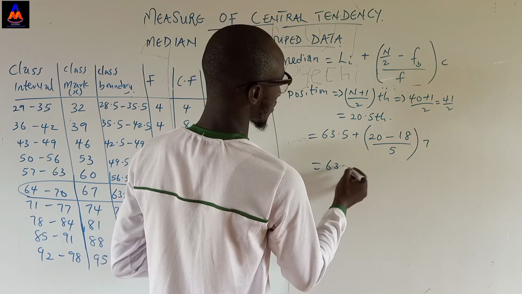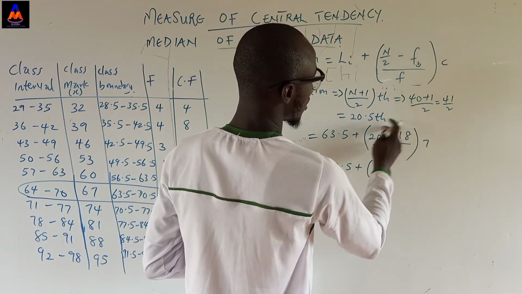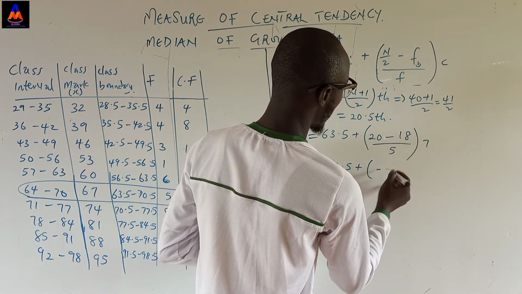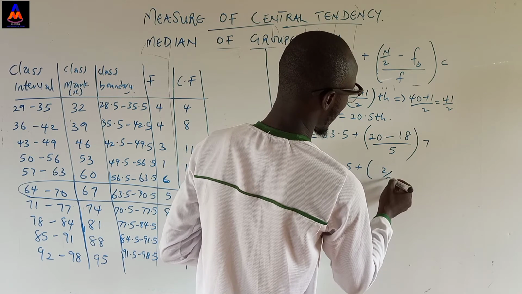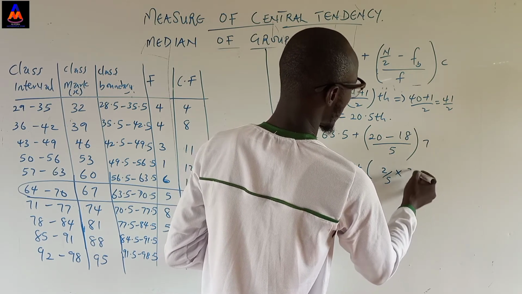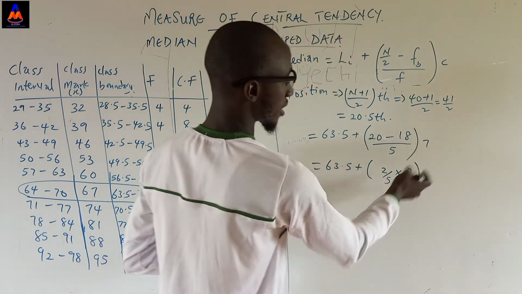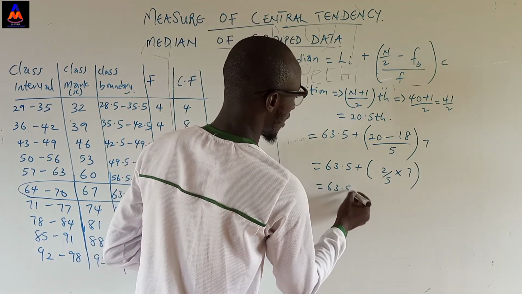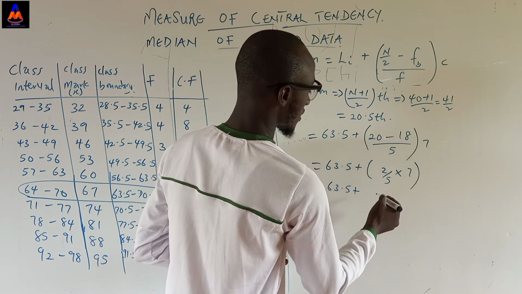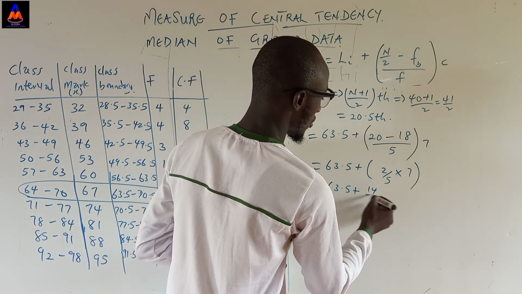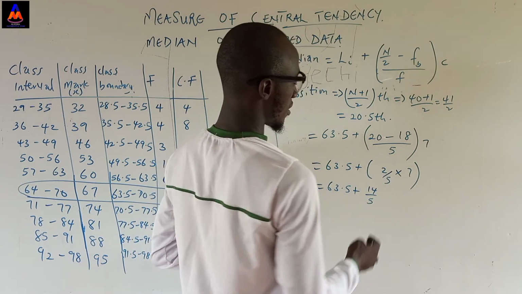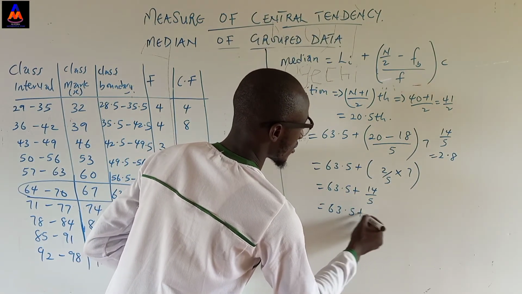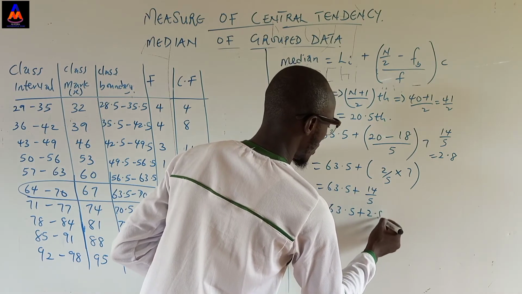So we have 63.5 plus this minus this, which is going to be 2. It's going to be 2 over 5 times 7. I've done the one in the bracket and I multiplied with this. So this is going to be 63.5 plus 14 over 5, that's 63.5 plus 2.8.